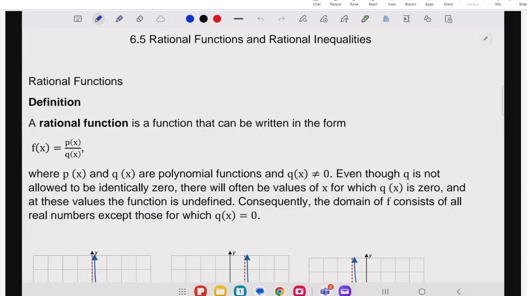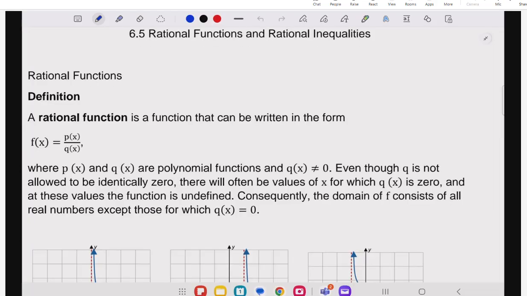These restrictions tell us about the graph and something called vertical asymptotes, which we'll define a little bit later in the video. Consequently, the domain of f consists of all real numbers except for those for which q of x is equal to 0.